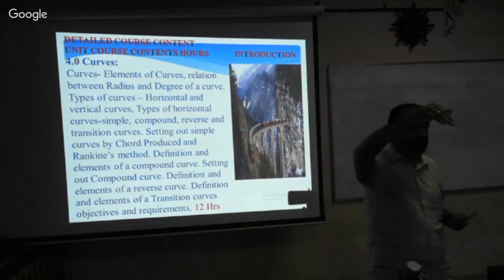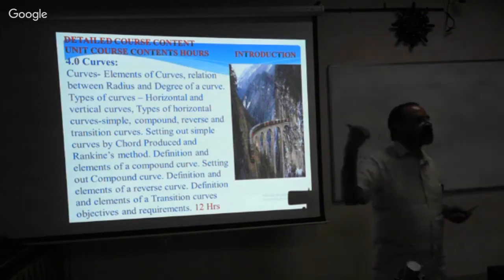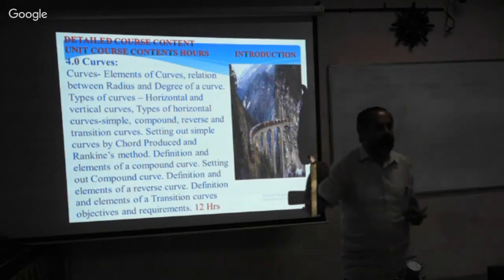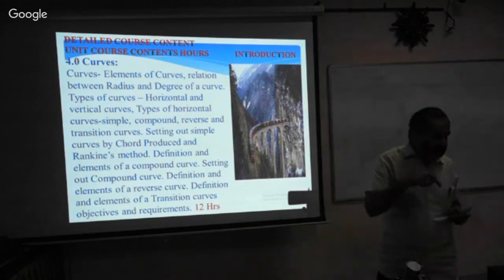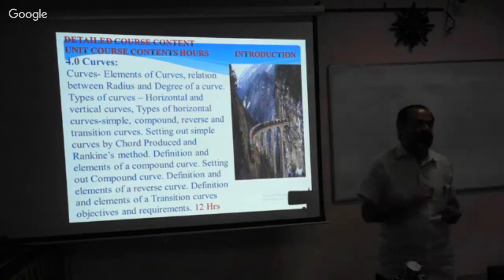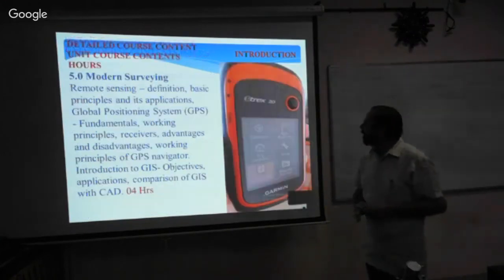Isn't it? Now that is the work involved in this survey work. We are going to learn the whole thing that is in this Surveying 2 of our course, our syllabus, isn't it? Our subject. Understood?